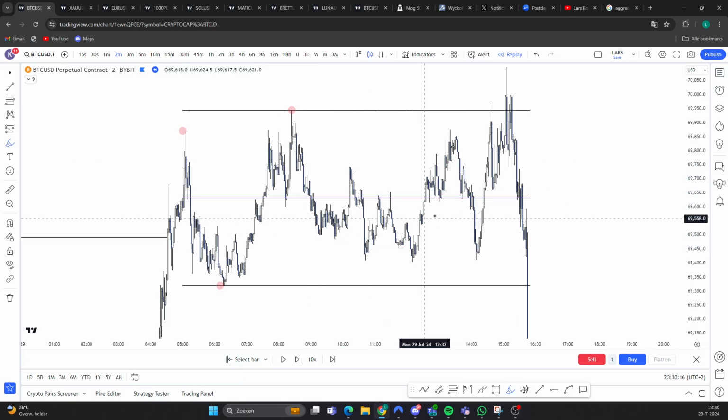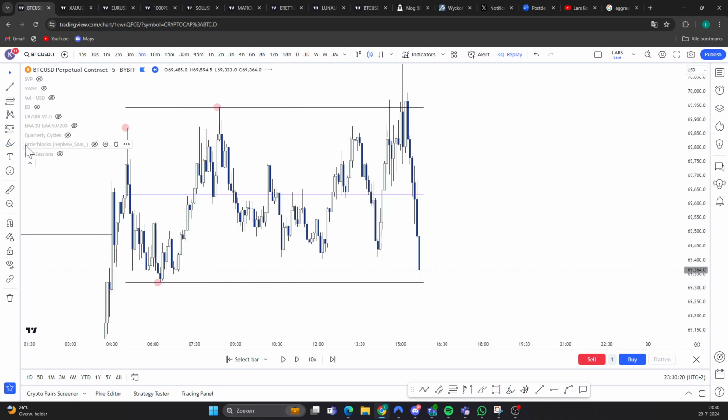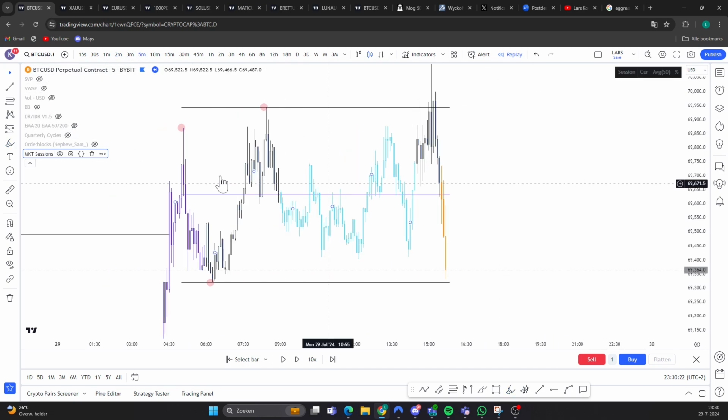Nothing really special going on until, if we use our market session tool right here, we saw this was our Asia high. The purple is the Asia price action, the blue is the London price action, and then the orange is the New York price action. We saw the Asia high get taken pre-London, which is very normal, an hour before London. We take that Asia high, and then London opens, and we started ranging.